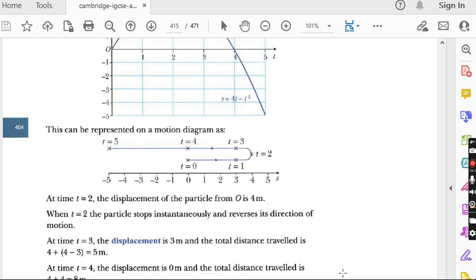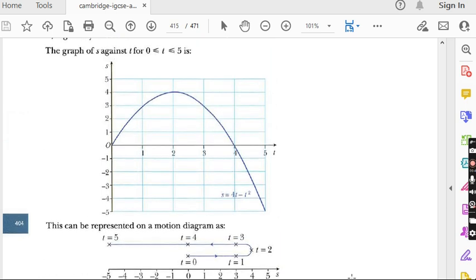When t equals 2, the particle stops instantaneously and reverses its direction of motion. You can see on this graph, at t equals 2, the displacement is 4, but after t equals 2 the direction has changed.